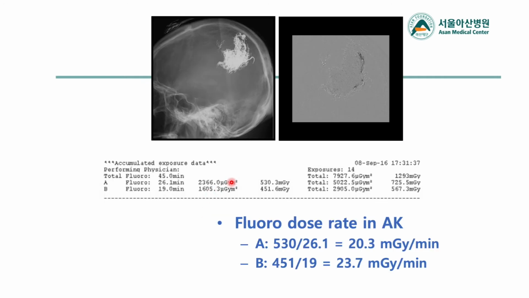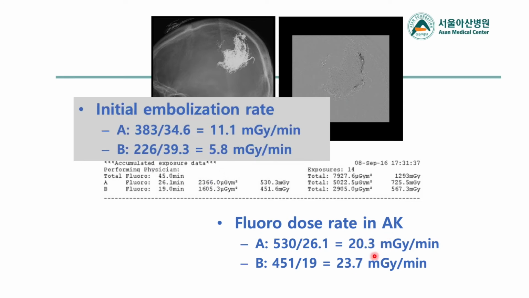Once again, to the Onyx case, this time the embolization was done as the second session. Surprisingly, we found the dose from the lateral view is higher this time compared to frontal, even though the initial dose rate was like this. Why?